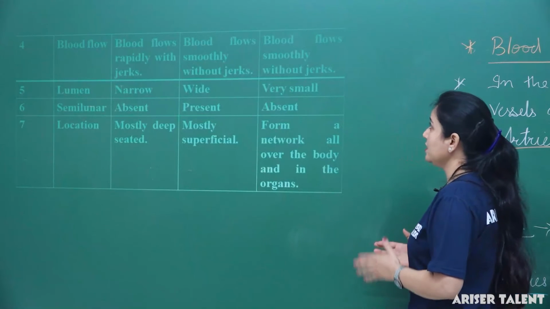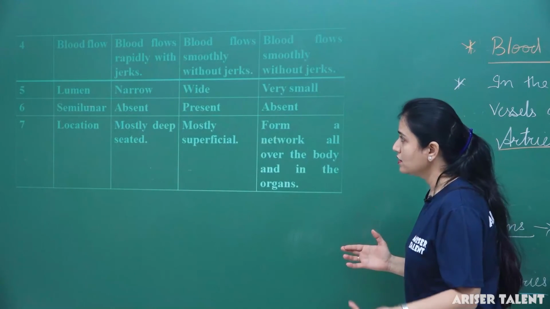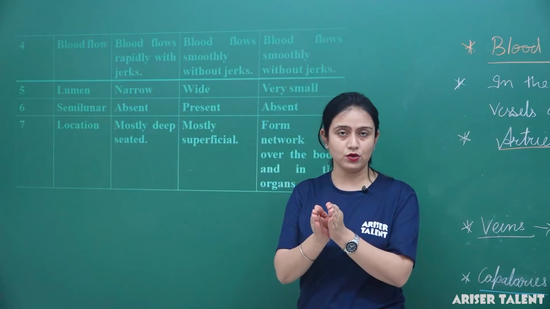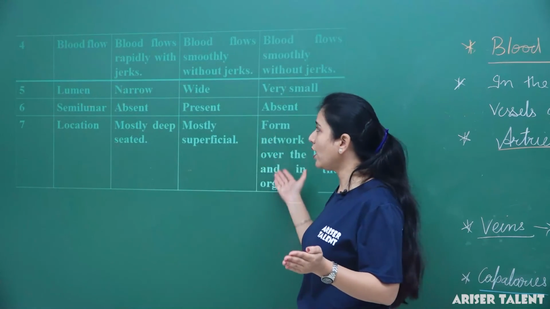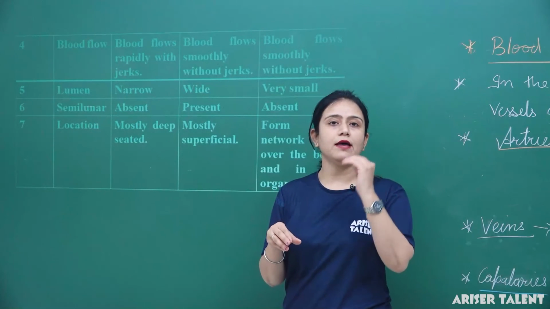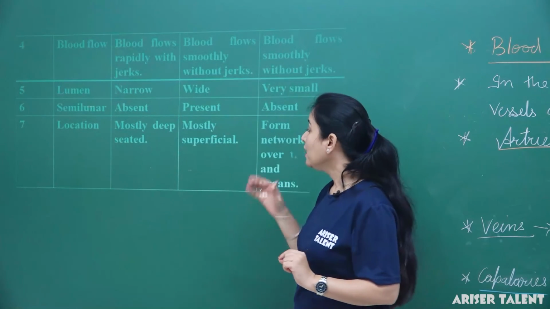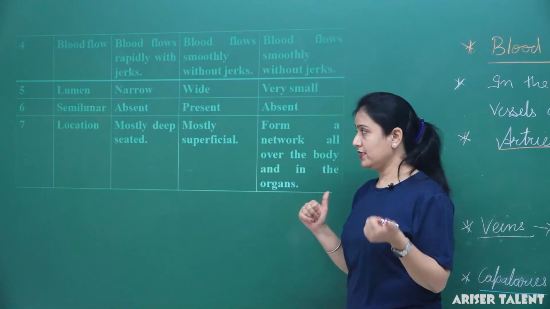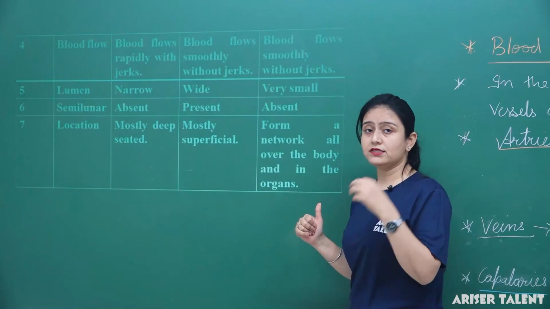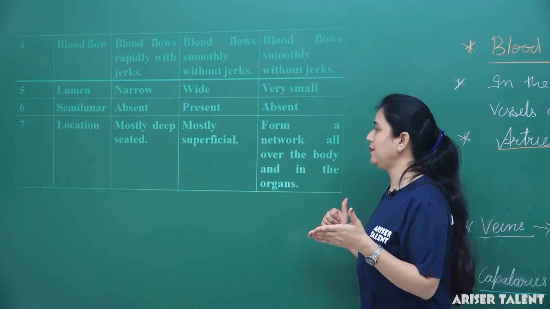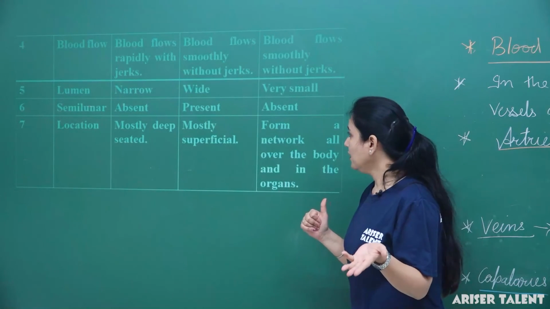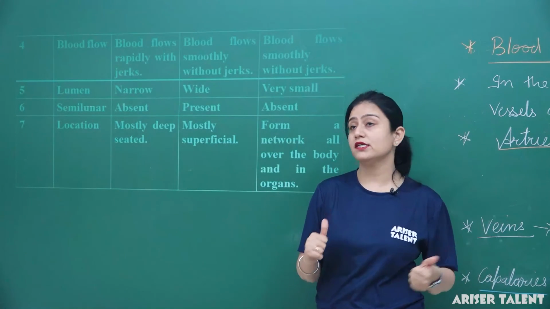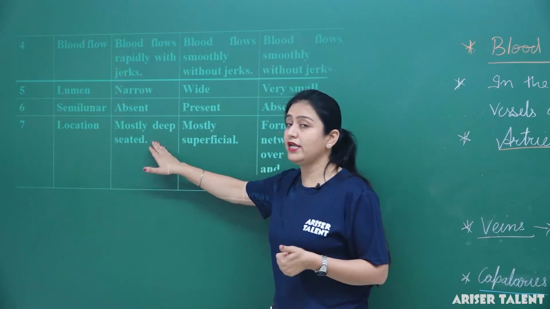And in the capillaries, blood flows smoothly without jerks. Next is lumen. Lumen of the arteries is narrow, lumen in the vein is wide, and lumen in the capillary is very small. Next point is semilunar valves. In the arteries, semilunar valves are absent, in the veins they are present, and in the capillaries again absent.